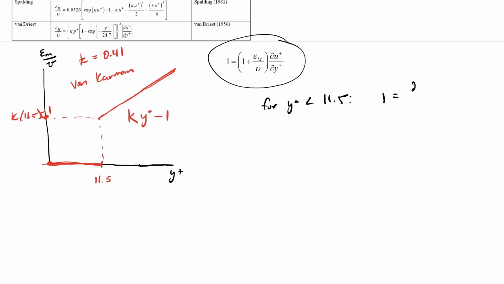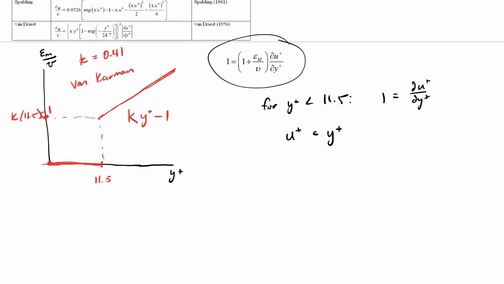So that's just 1 equal to du plus dy plus, which is another way of saying u plus is equal to y plus in this region. That really simple equation is our velocity distribution.